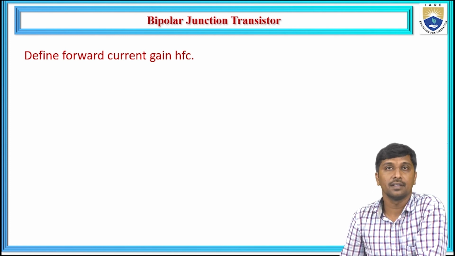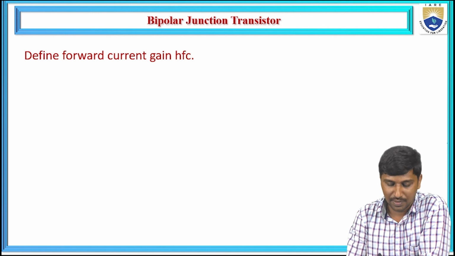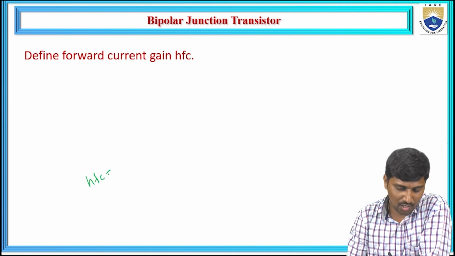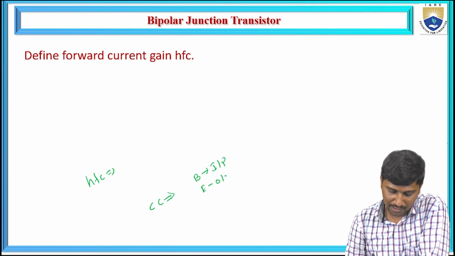Now similar to that, we need to define the forward current gain, HFC, the forward current gain in common collector configuration. In a common collector configuration, the base acts as the input and the emitter acts as the output.